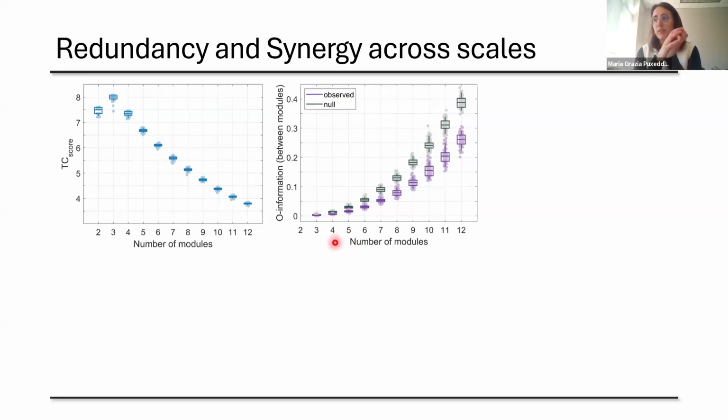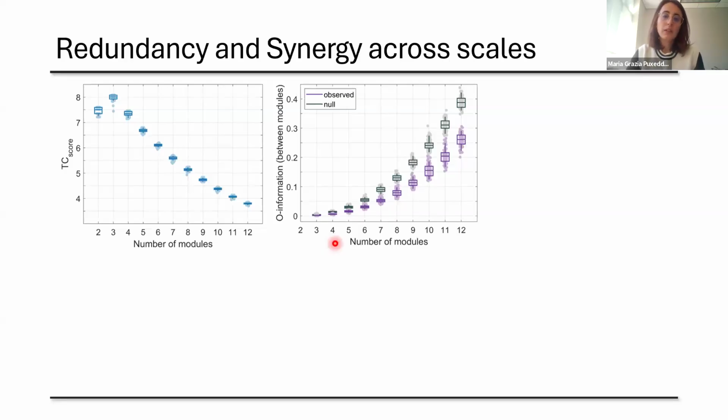This is not something totally surprising, because there's high redundancy across fMRI time series. The higher the number of time series where we compute the O information, the higher the chances that we obtain positive values of O information.